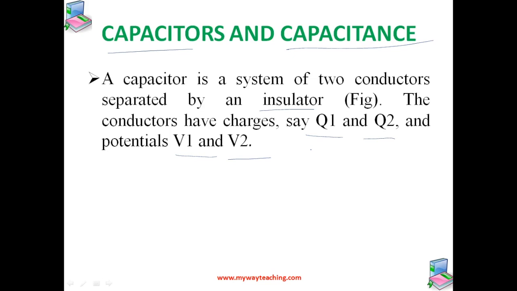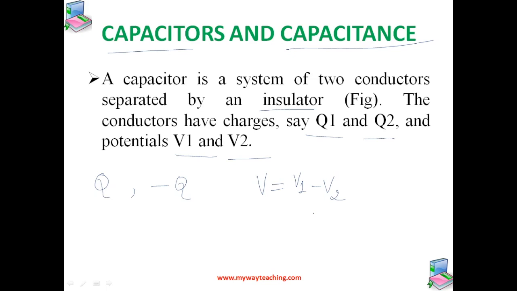The two conductors have charges usually plus Q and minus Q, and the potential difference V is given by V1 minus V2.